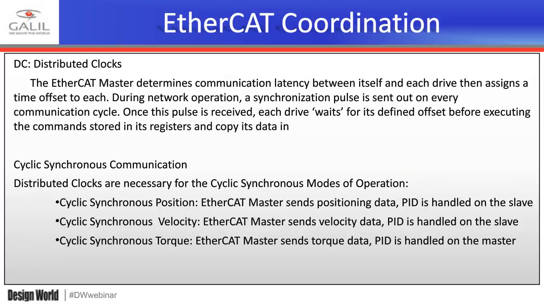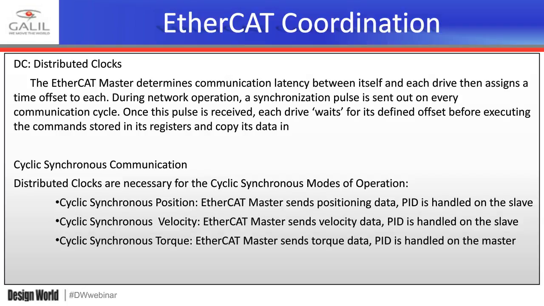The means of coordination for EtherCAT communication. The meat of EtherCAT coordination is distributed clocks. How does EtherCAT get around the non-determinism of an Ethernet network? The distributed clock implementation involves, when the network first comes up, the EtherCAT master determining how long it takes, in nanoseconds, for a packet to get from the master to each slave.